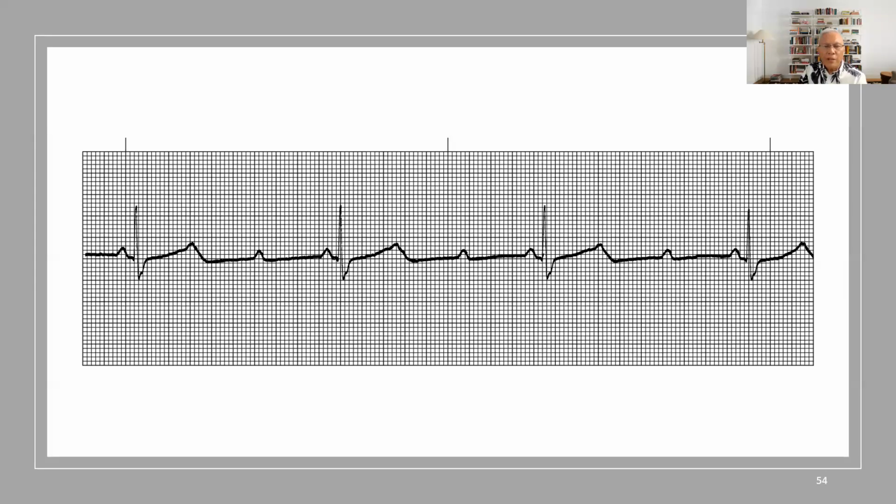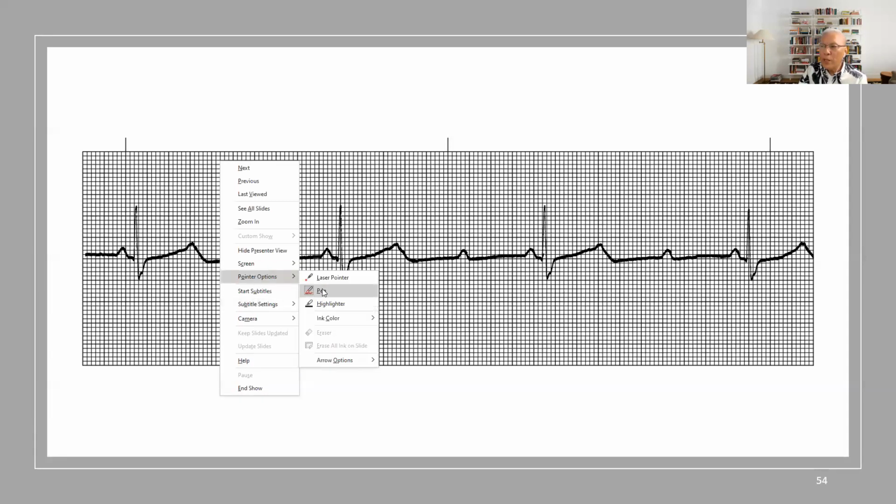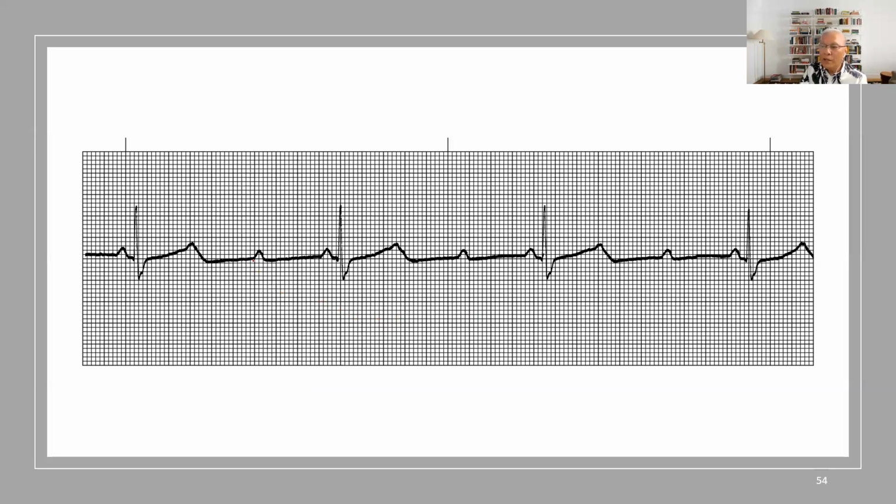Another side effect that we need to remember is that because it slows down cardiac conduction through the AV node, it may be manifested in the ECG with occurrence of heart block. So anytime you see P waves that do not have QRS complexes, you always think of a heart block.